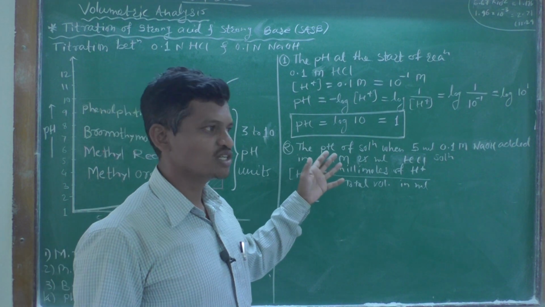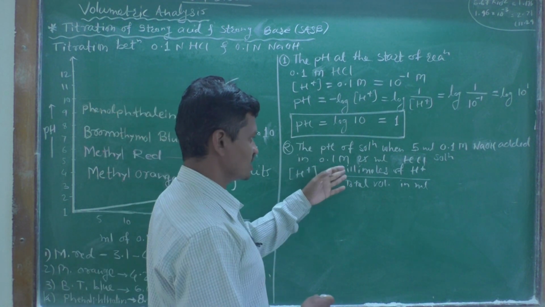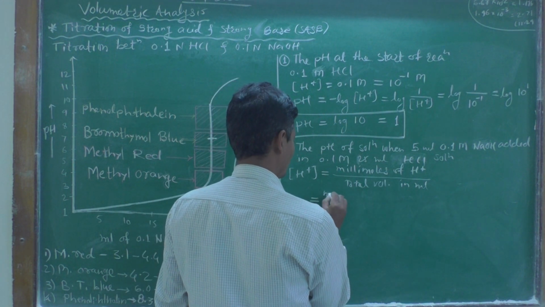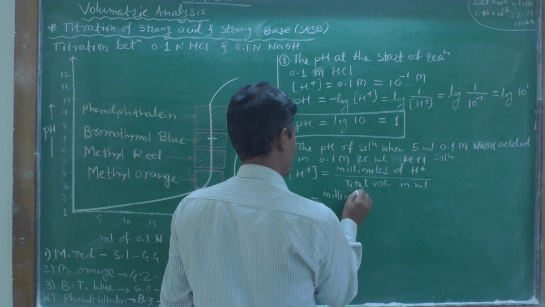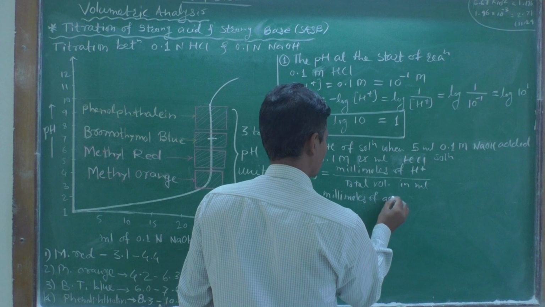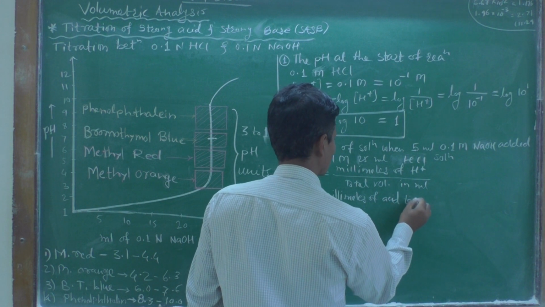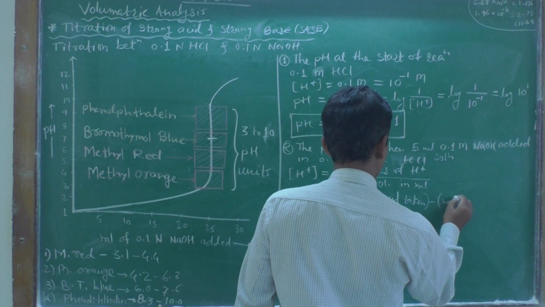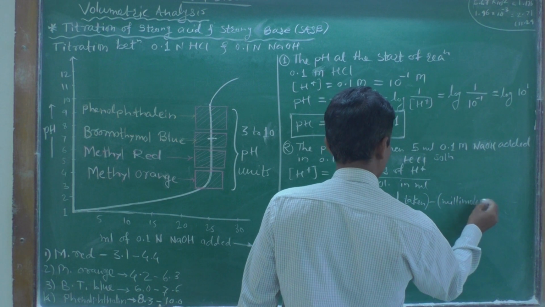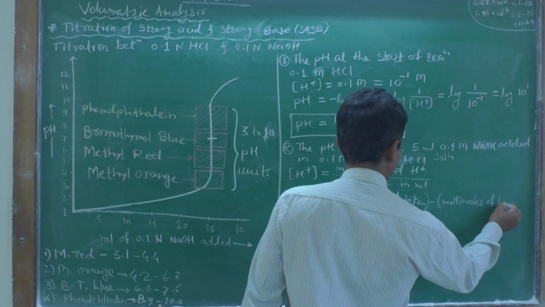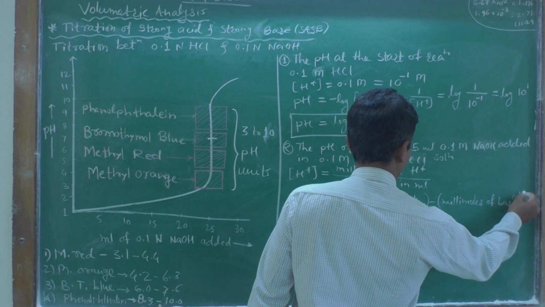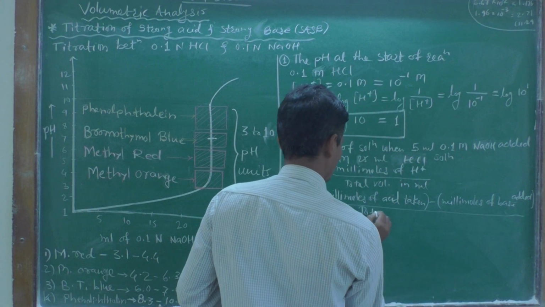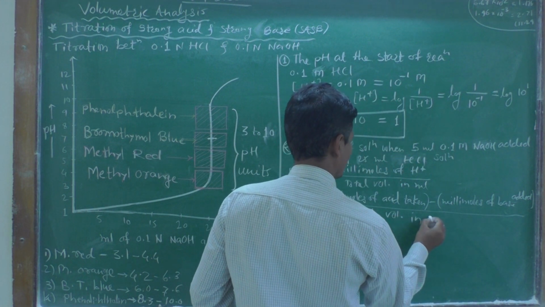So to determine it: millimoles of H plus ions equals millimoles of acid taken minus millimoles of base added, divided by the total volume of solution in ml.